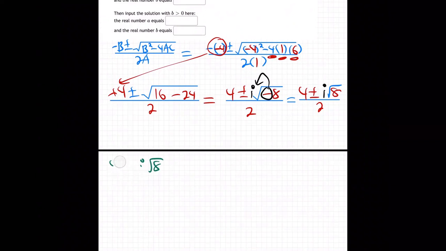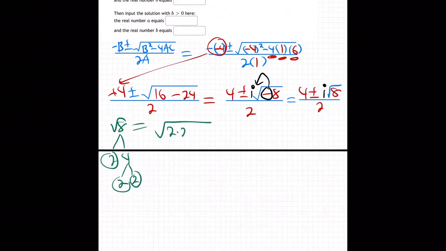Oh, you know what? Actually, I should simplify that square root of 8. Yeah, let's do that first. What's the square root of 8? Well, it breaks down to be 2 times 4 and then 2 times 2. So the square root of 8 is square root of 2 times 2 times 2, right?